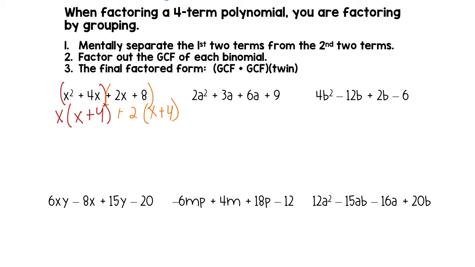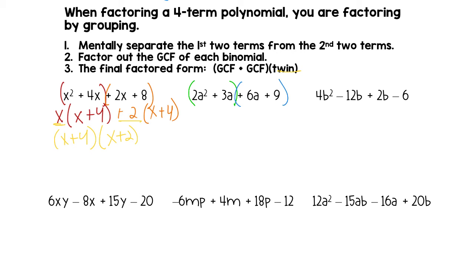My final factored form, I'm going to reverse this. I'm going to put the twin in front, x plus 4, and then everything not inside of parentheses is going to go together in one set of parentheses, x plus 2. And that's it. Let's try it again. I'm going to factor these guys together and the last two together.